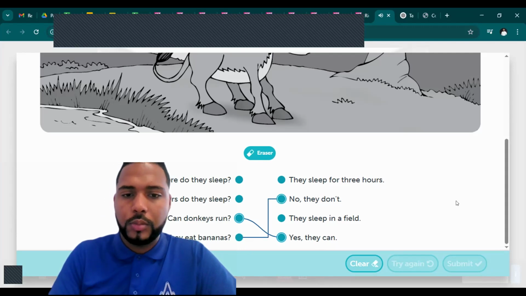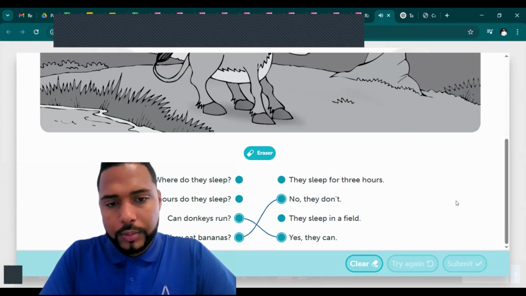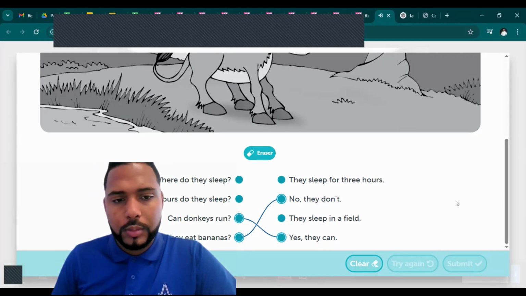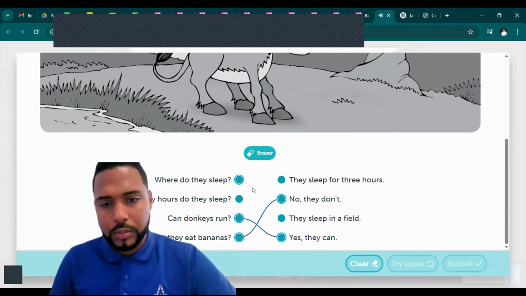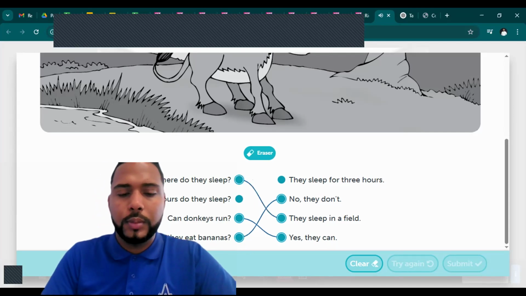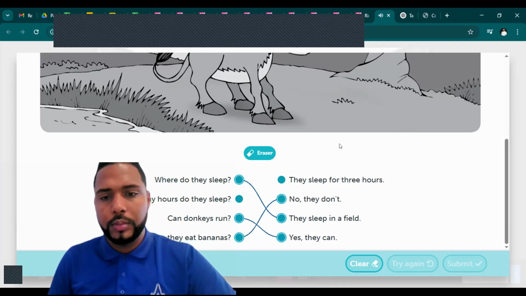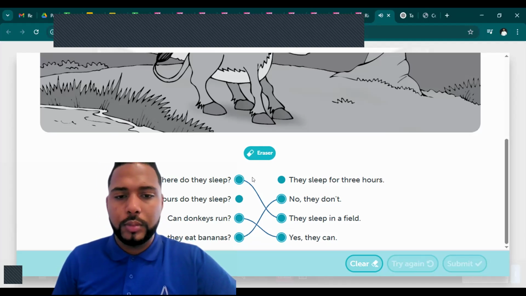Correct. Question 3. Where do they sleep? They sleep in a field. Yes, that's right. And last question. How many hours do they sleep? I don't know. They sleep for 3 hours. Well done.